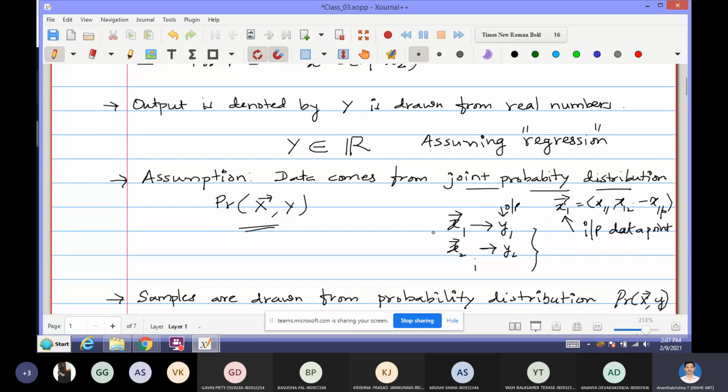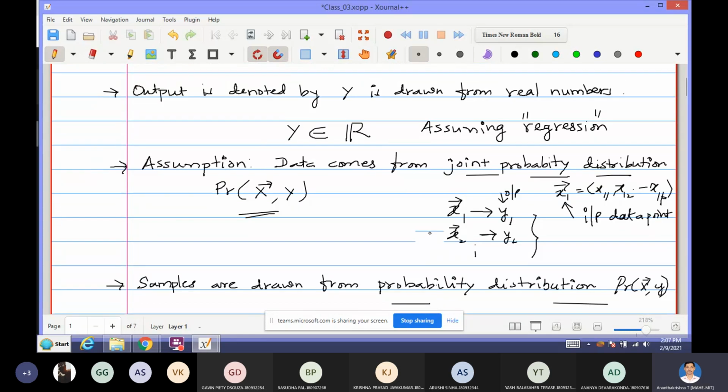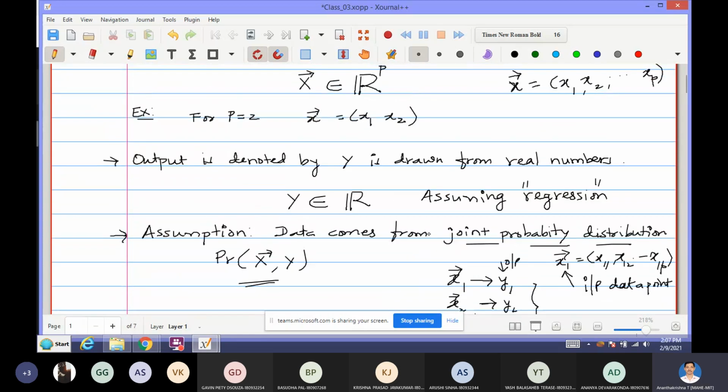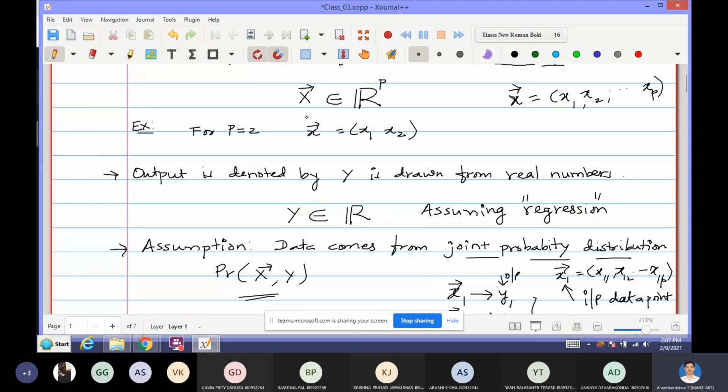We have to understand the fact that the input x, what you're talking about, the data points. There may be many data points, vector x1, vector x2, and x3, and so on. So these represent input data points, each in a p-dimensional space.